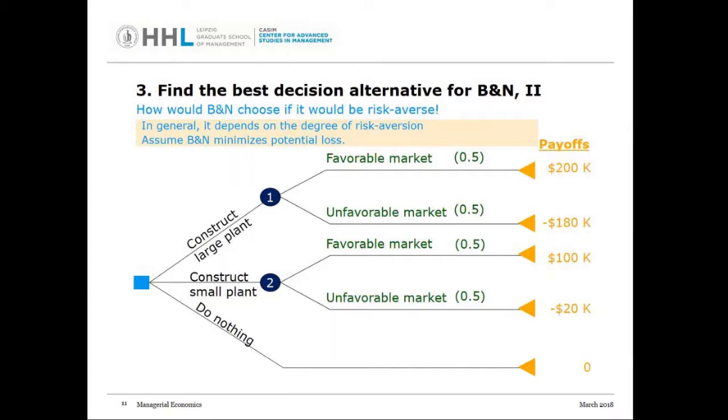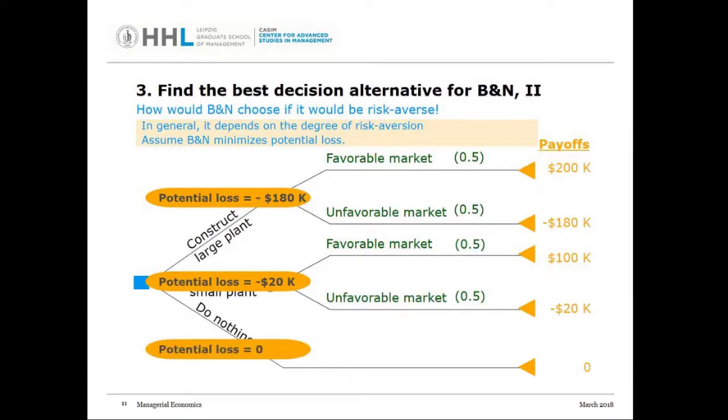So the way to look at it is they see each alternative in terms of what they can lose. This is the only thing that they see. They can lose 180K for a large plant, 20K for a small plant, and lose nothing in the last case.